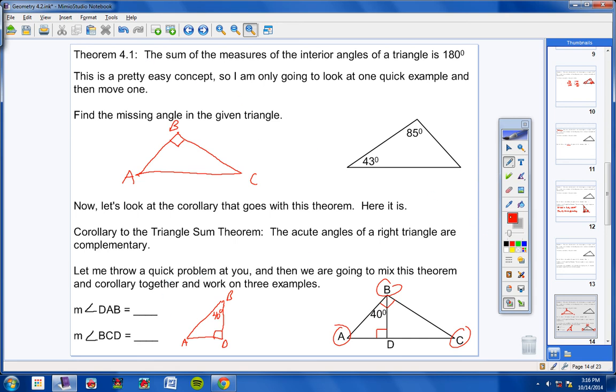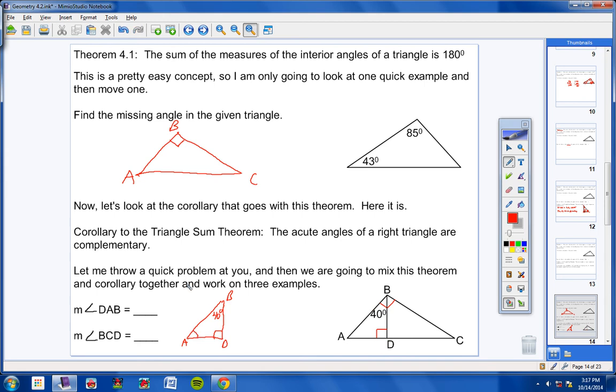It says, find the measure of angle DAB. Well, here's angle DAB. Here's D over to A up to B. So they want us to find this angle right here.